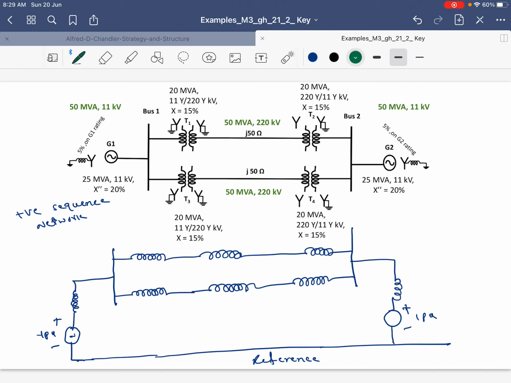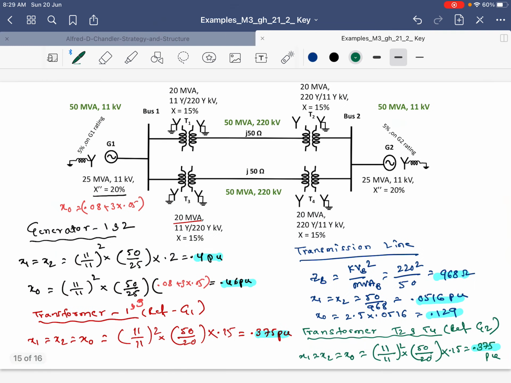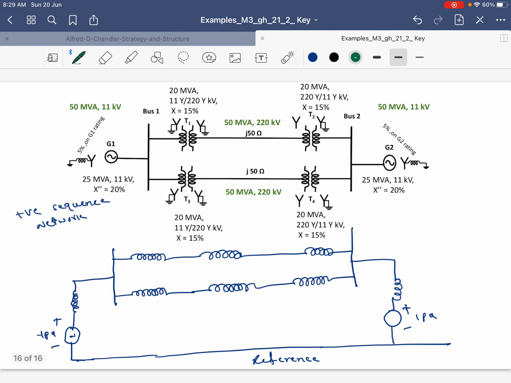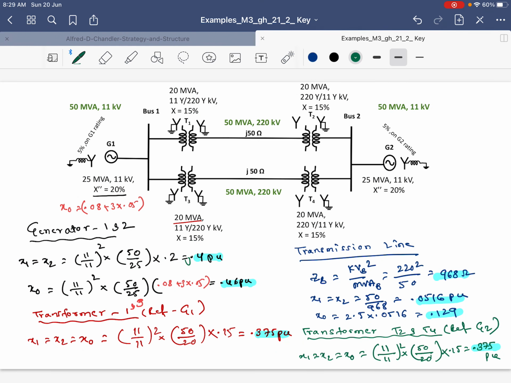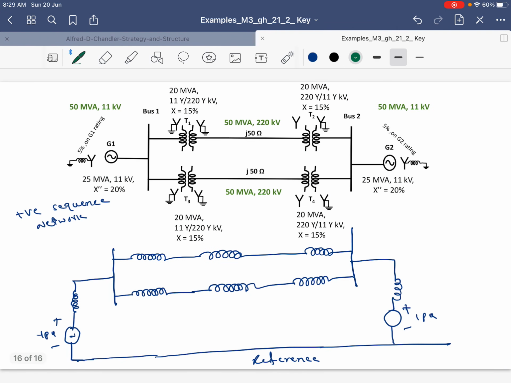Now you have to specify the values in the given network. We already calculated the data, and you have to substitute it here. That is X1 of the generator. Of course, all these are J's. Don't forget to write J. All values are reactances only.